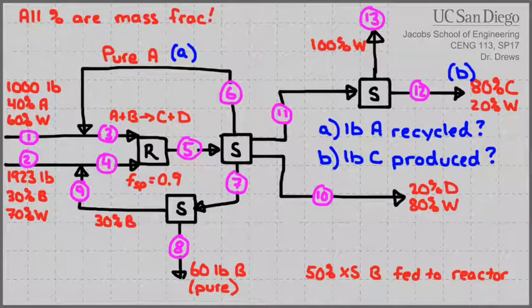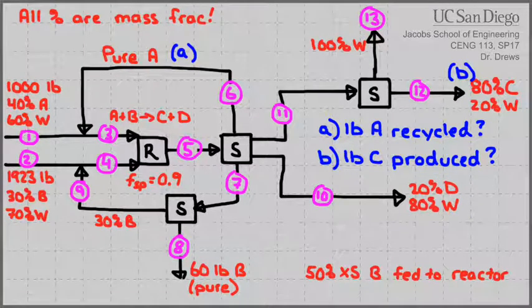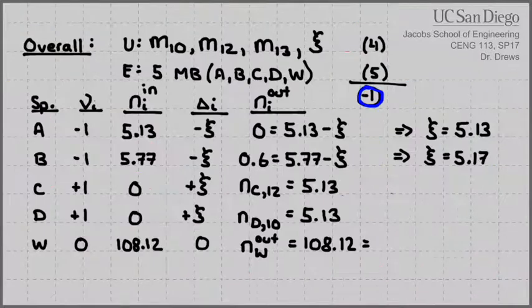So we have, for instance, a little bit coming out here in stream 10, a little bit more coming out here in stream 12, and some more coming out over here in stream 13. We don't actually need that number right now, although we could figure out what it was if we really wanted it. But at any rate, I'm not actually going to complete that particular step.